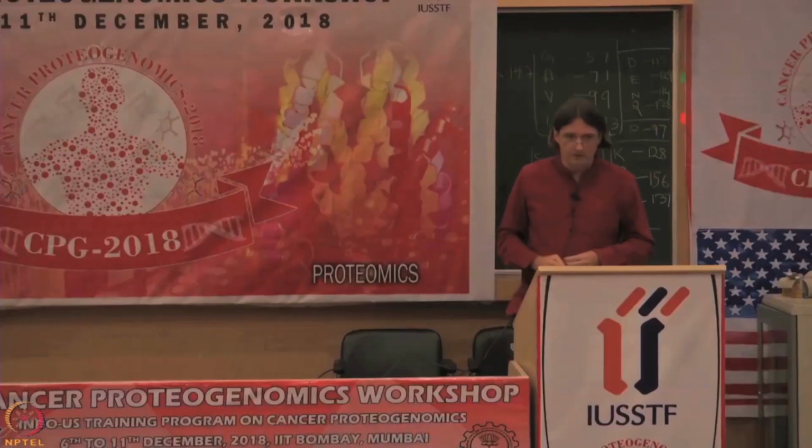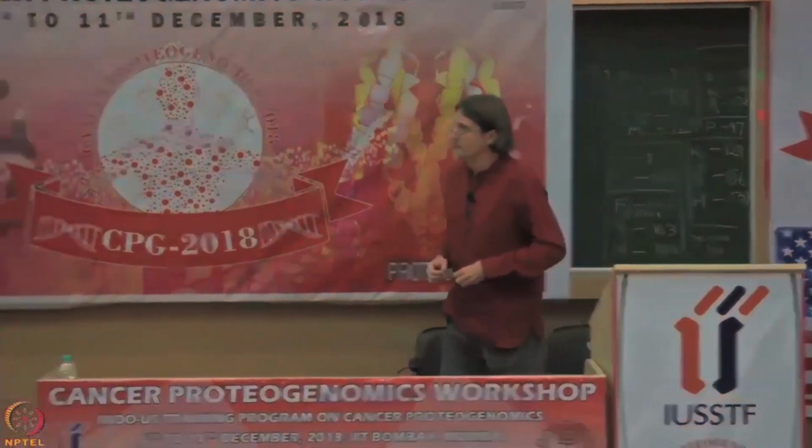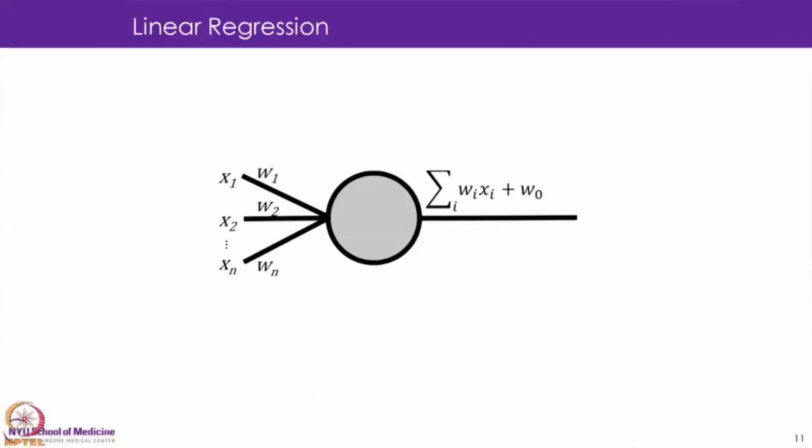We're going to start with linear regression. Here we can have many x's, which are different measurements that we do, quantitative measurements, and for each of them we have a different weight. The output y is what we get when we take each measurement, multiply it by its weight, sum that up, and add a constant. You recognize that if we have just one x, that's the linear regression case.